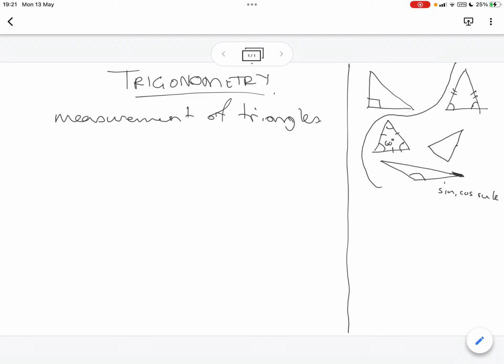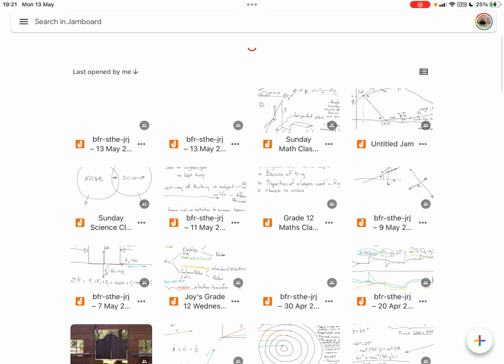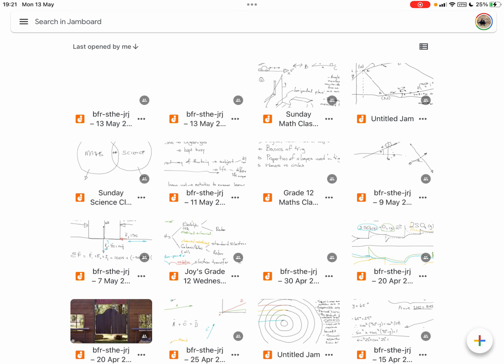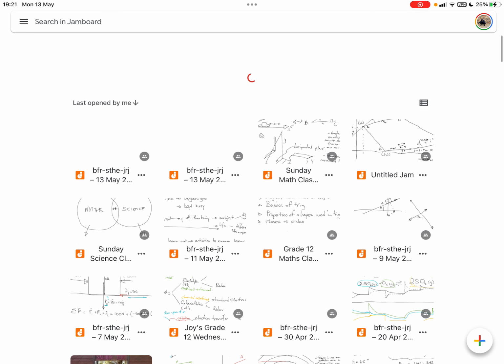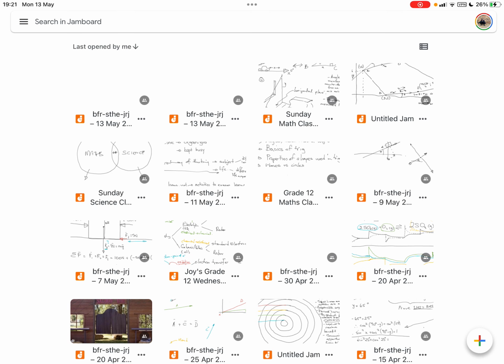Every Jamboard I make, I just write on the tablet and it shows on the screen and you can see it, even if I don't have it on the screen like this. Yeah, I get you. I'm honestly baffled. Now you've joined. I'm honestly baffled. Voila.